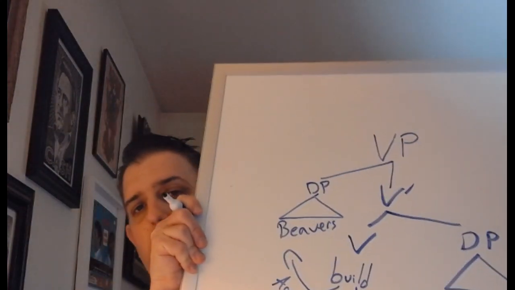So the main thing to remember with theta theory is that a verb has a certain number of theta roles. Theta roles, especially in some languages, can be flexible with respect to a particular verb. So verbs like, let's say, eat.